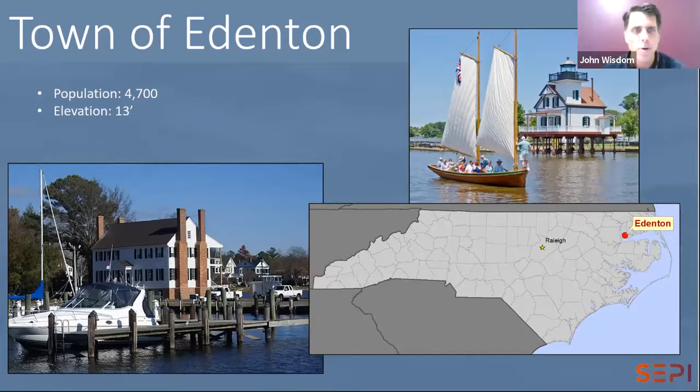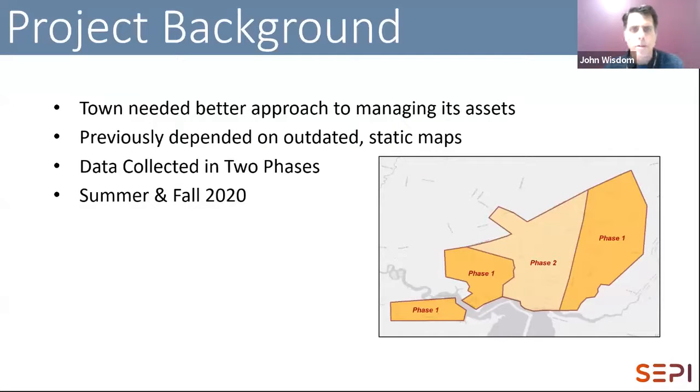It's critical for the town that the stormwater system is in top shape, which is one of the reasons we're working with Corey. I'm going to hand it over to Corey so he can introduce himself and give a little bit of background on the project and why they decided to go ahead with this. Corey?